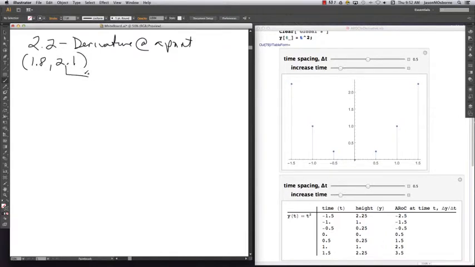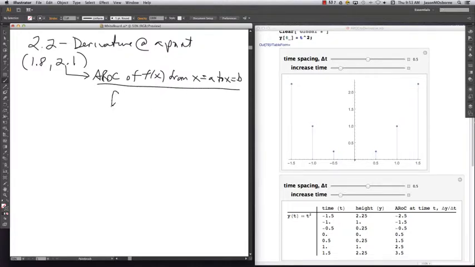In 2.1, we learned about the average rate of change of a function f of x from x equals a to x equals b. You can look at previous videos on that.